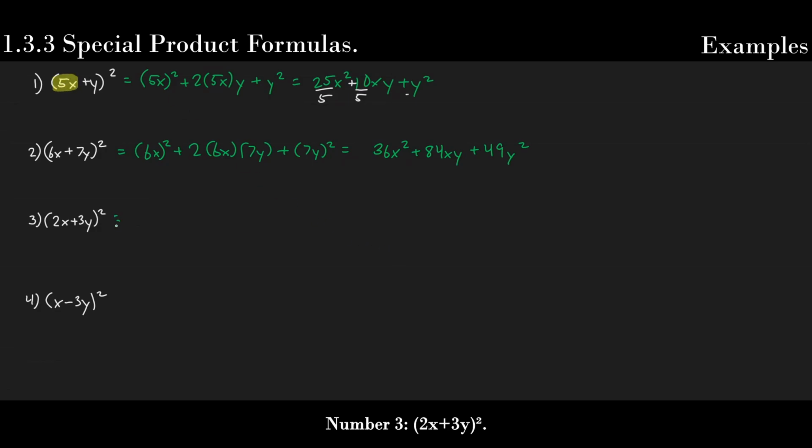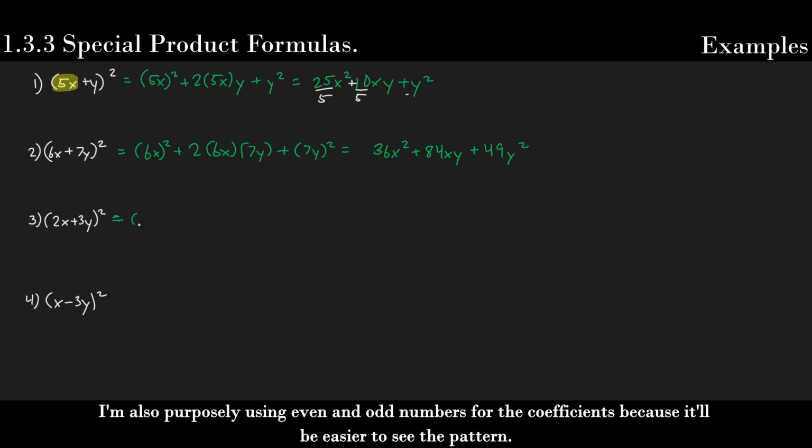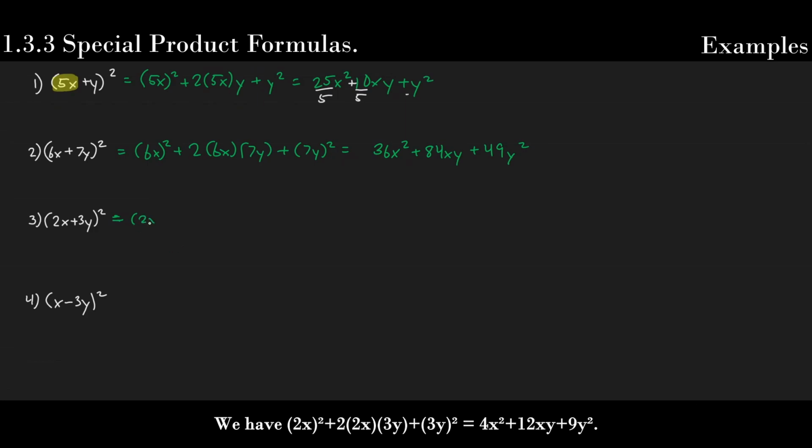Number 3, (2x plus 3y) squared. I want to illustrate the point I made in the last example by using smaller numbers. I'm also purposely using even and odd numbers for the coefficients because it'll be easier to see the pattern. We have (2x) squared plus 2 times 2x times 3y plus (3y) squared.